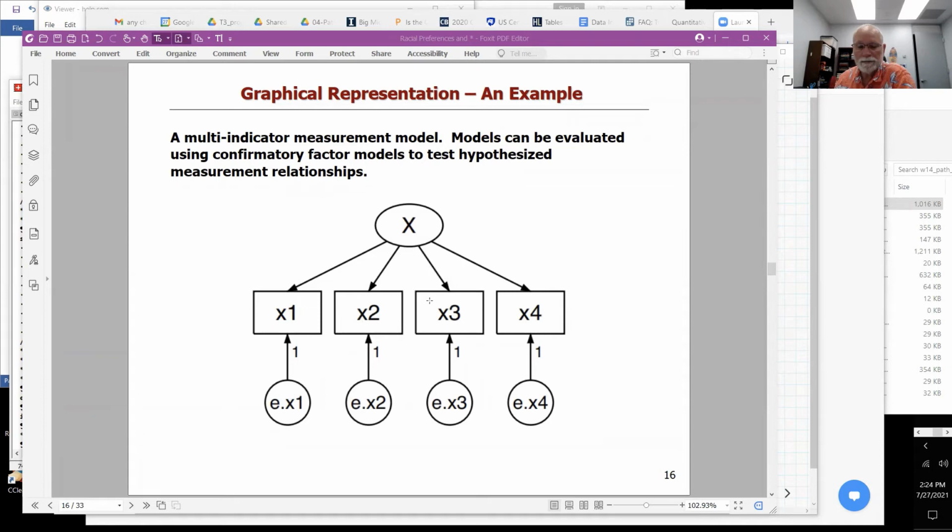This is very common in social psychology, that you're developing multiple indicators to try to get at some difficult concept like notion of self or identity, or anything you could imagine. You might have a survey with a bunch of items that you're using to try to elicit relevant information about the underlying construct.